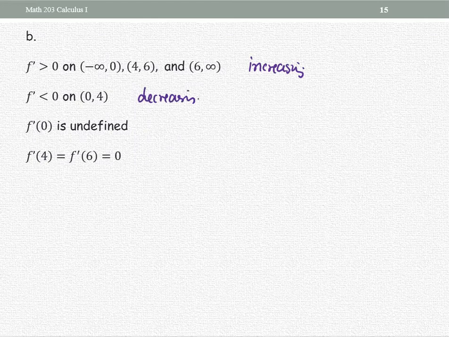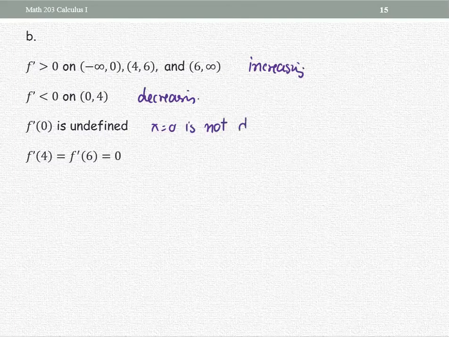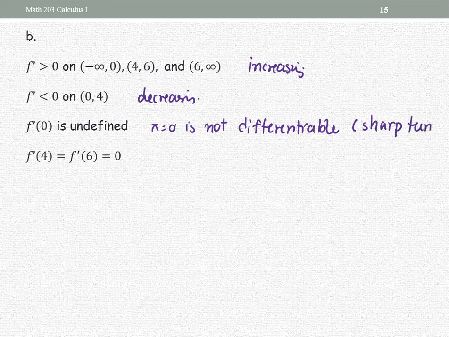F prime at 0 is undefined, so x equals 0 is a point of non-differentiability. That means either a sharp turn or a cusp, or the slopes on the left and right are not the same.